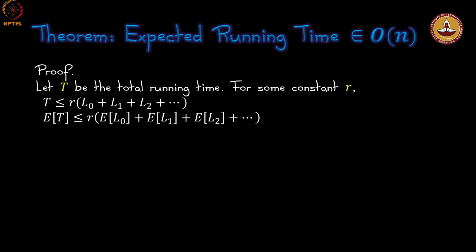If t is that value, then the expectation of t, by linearity of expectation and just taking the expectation into the expression, you'll get R times expectation of L0 plus expectation of L1 plus expectation of L2 and so on.